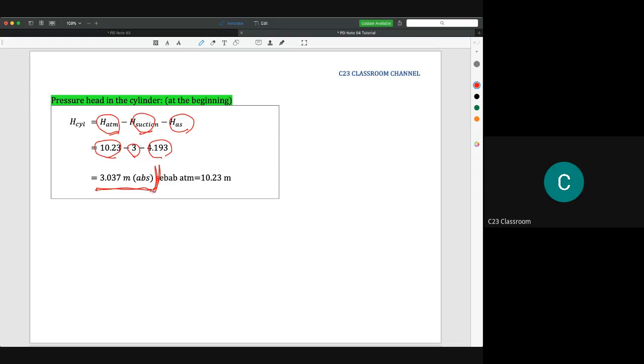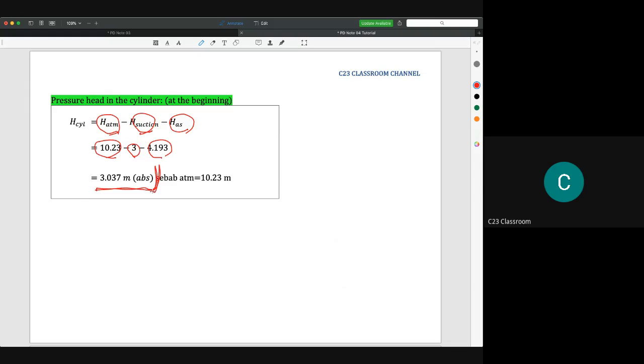Why? Because we need to create a vacuum. That's by design. This is the most practical one, because it is okay for us to use gauge pressure, where we assume that atmospheric pressure is equal to 0, but it will give you a negative sign.